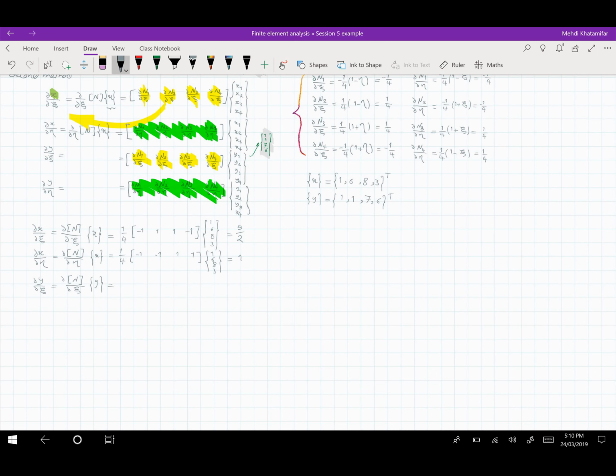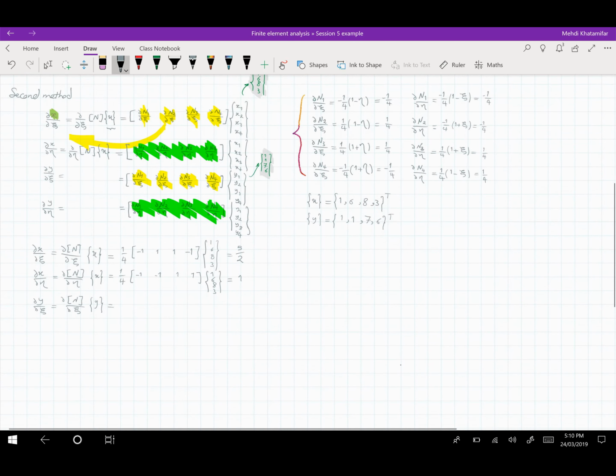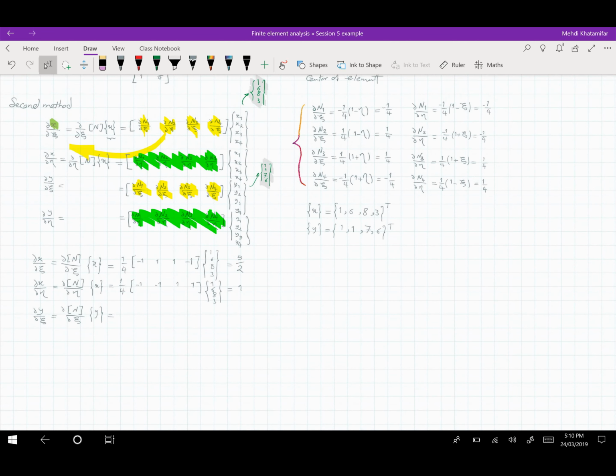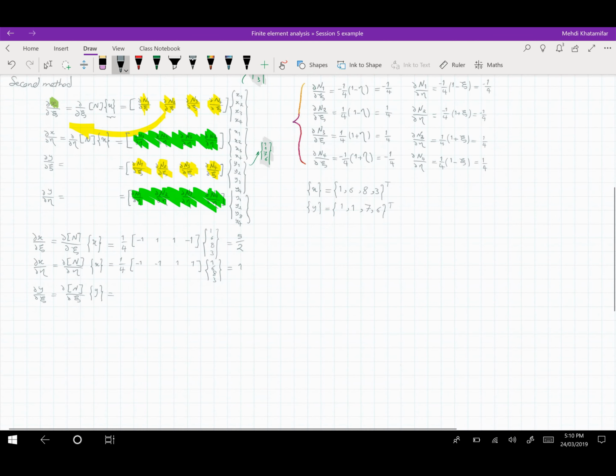We have these derivatives for N, similar to the previous one, exactly 1/4, -1. The second one should be positive, so let's copy exactly: 1, -1.